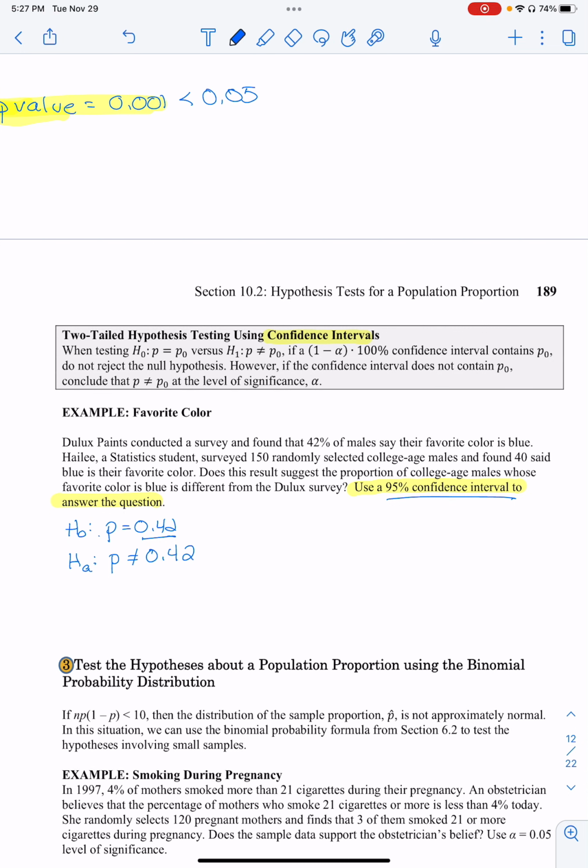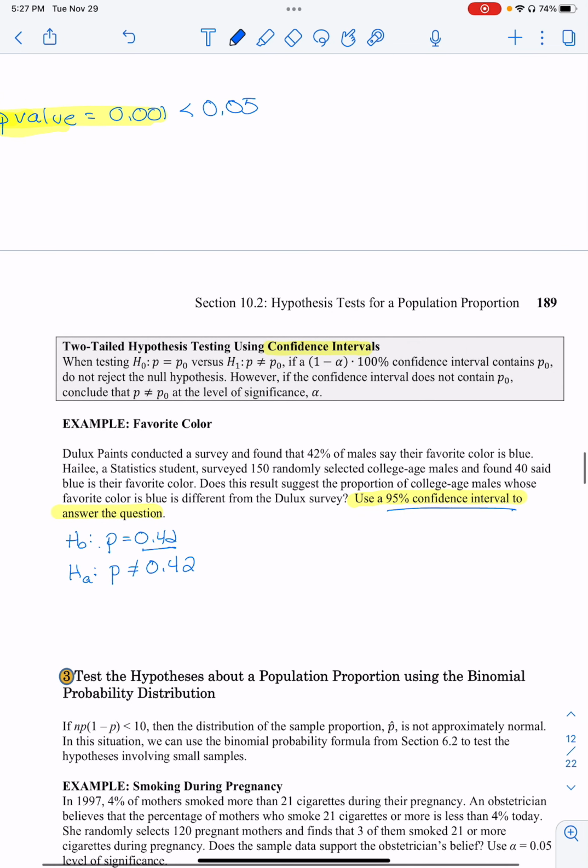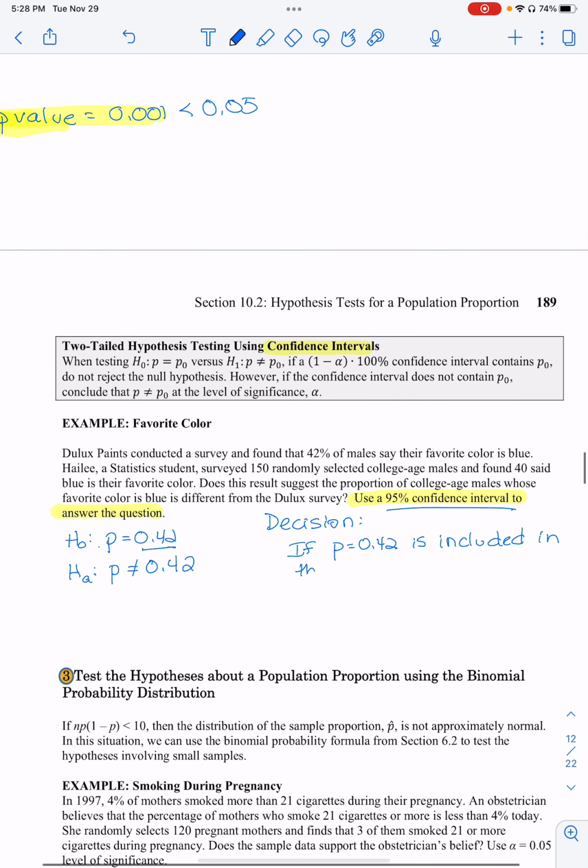Okay, so here's our decision. If p equal to 0.42 is included in the confidence interval, which I'm going to shorten with CI, then we're going to fail to reject the null.